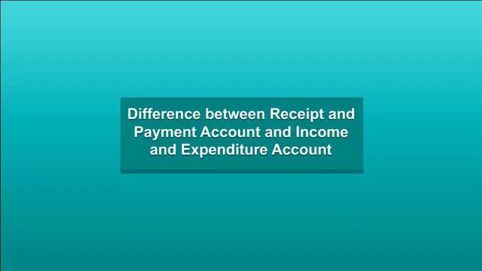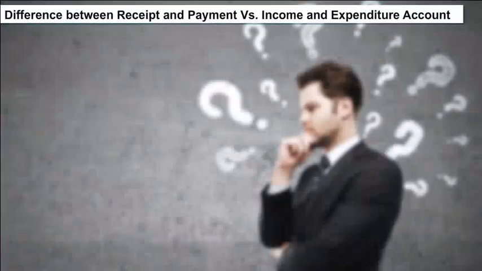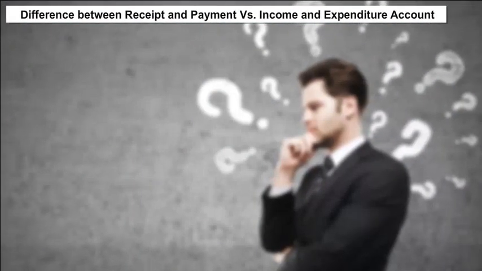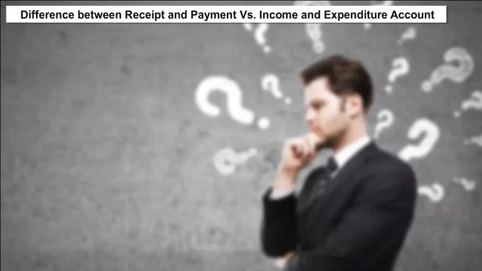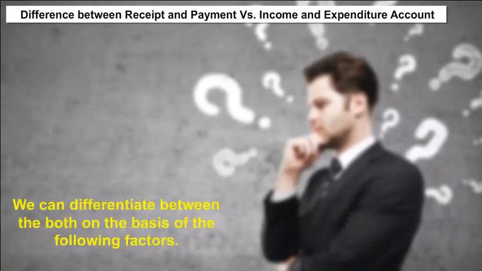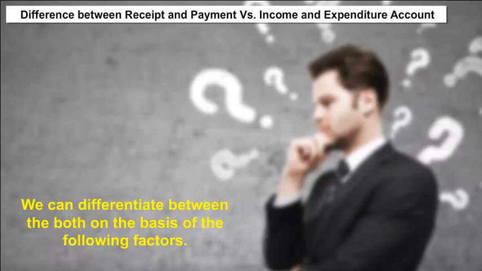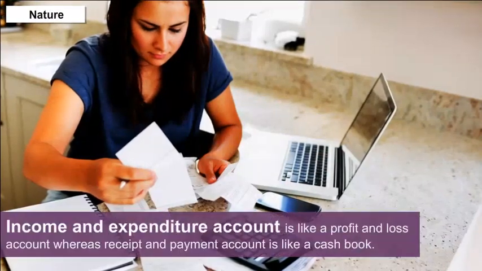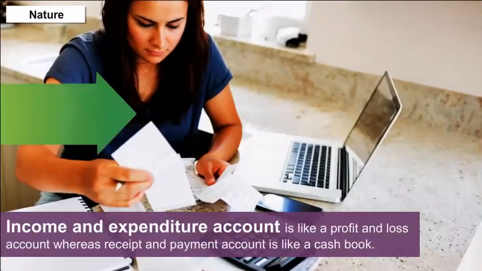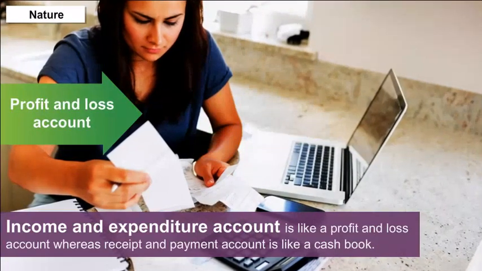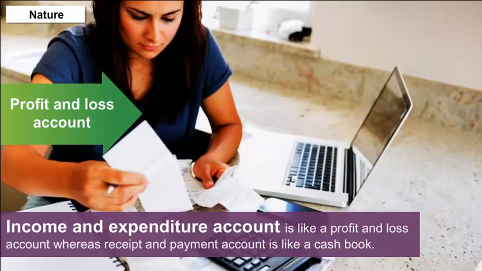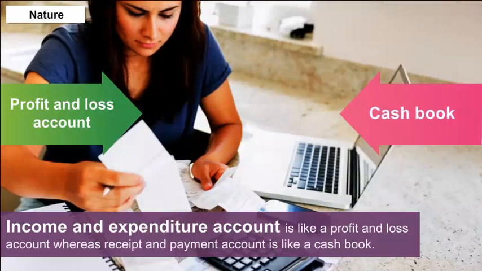Difference between receipt and payment account and income and expenditure account. We can differentiate between the both on the basis of the following factors. Nature. Income and expenditure account is like a profit and loss account, whereas receipt and payment account is like a cash book.